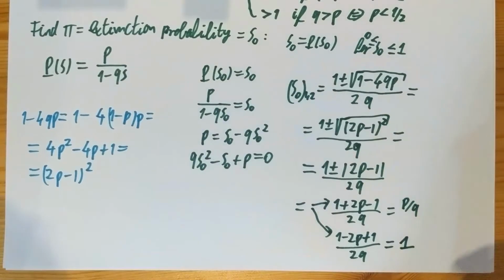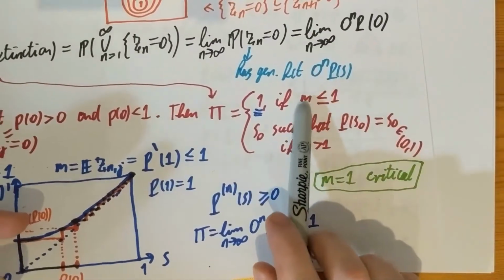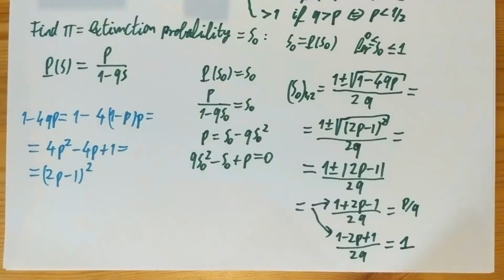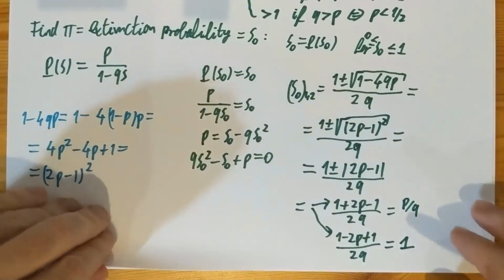So either I have p over q or I have 1. These are the two solutions. And now I need to split cases. So there are two cases, of course, according to the theorem, and these two cases will be reflected here. Either m is smaller than 1 or m is larger than 1. So let's split these cases.